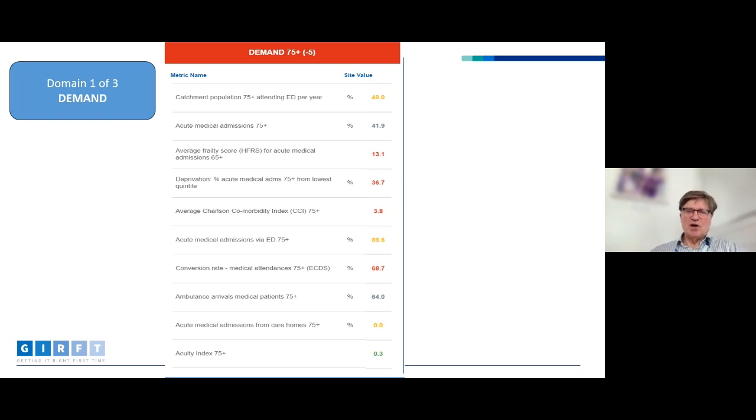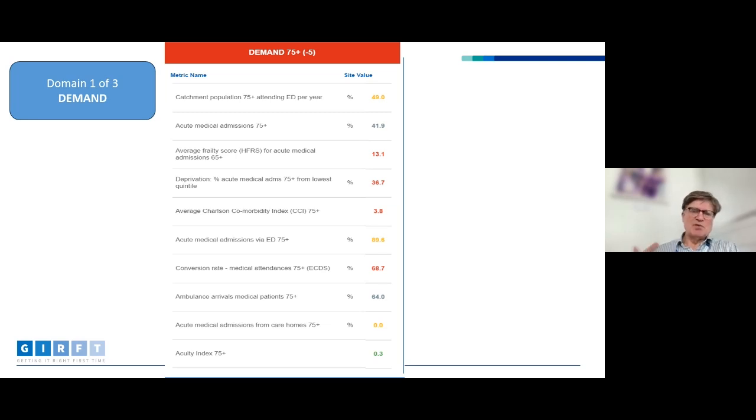So here we have the demand metric. And what are the sort of things I look for? It's self-evident what you're seeing, but the proportion of your catchment population that's admitted to hospital that's over 75 ranges from about 55% to 35%.